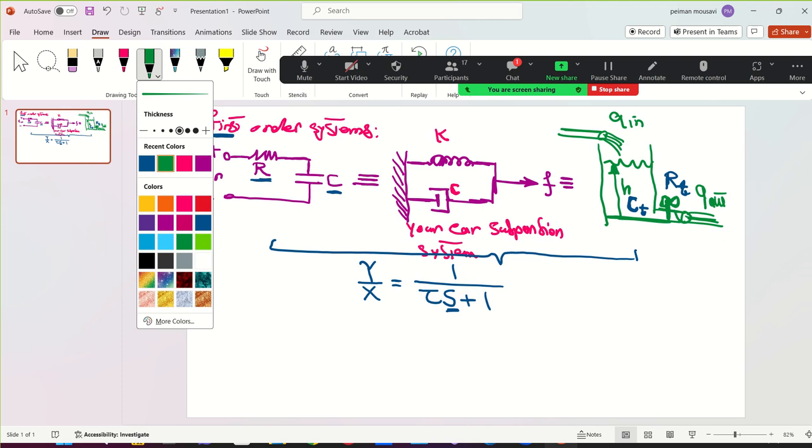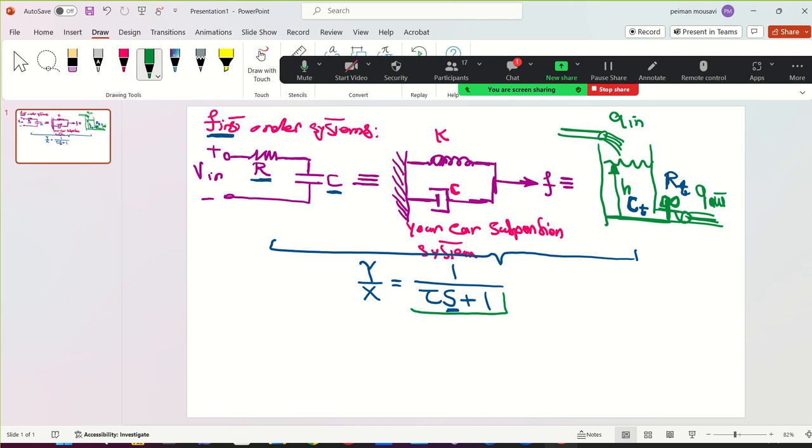So these first order systems, I'm speaking generally, RC circuit, or spring and damper, or tank of water, they have 1 pole. First, because this is from kindergarten. The pole is minus 1 over tau, where tau s plus 1 equals 0, 1 pole.